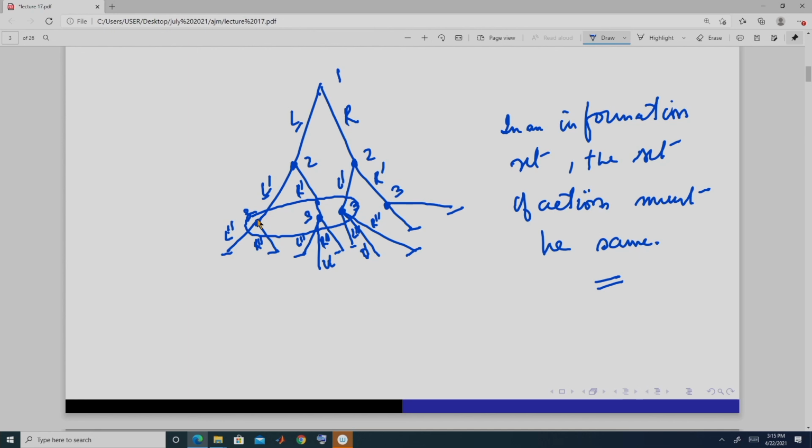So, that is why the set of actions must be the same.